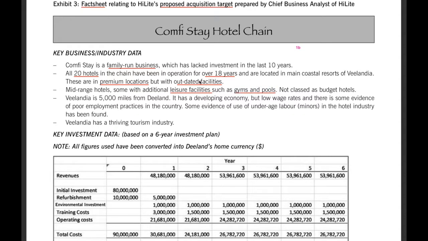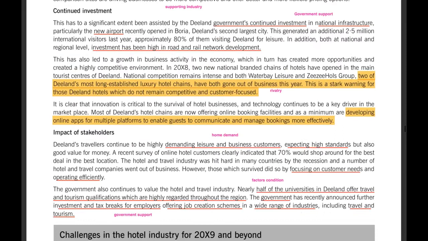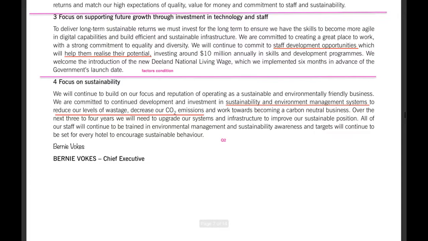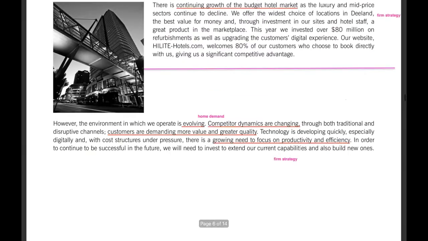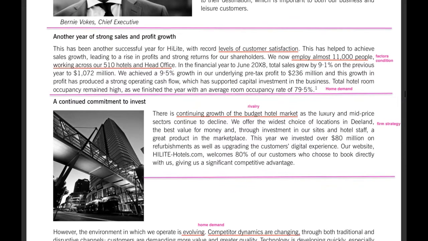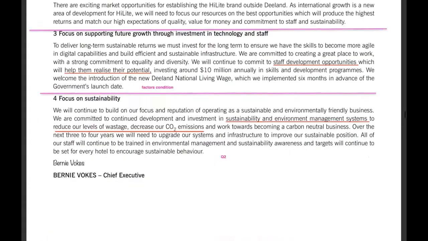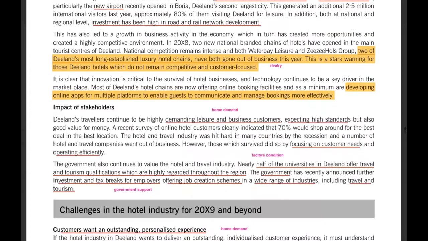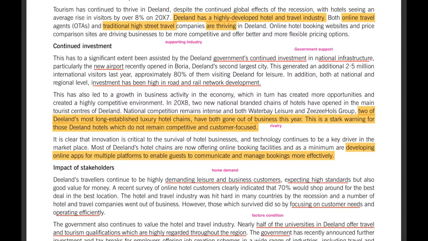Remember that the home demand, that there are some of them that are actually moving from, okay, they're talking about all this business leisure, all right, that the customers nowadays for this particular Highlight are demanding leisure and business customers expecting high standards, but also good value for money.